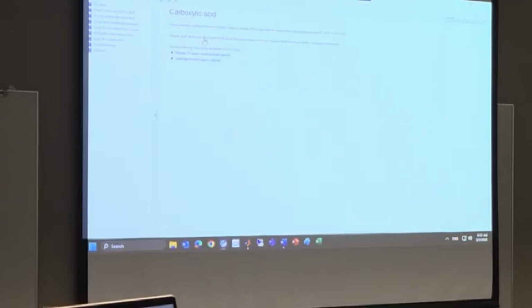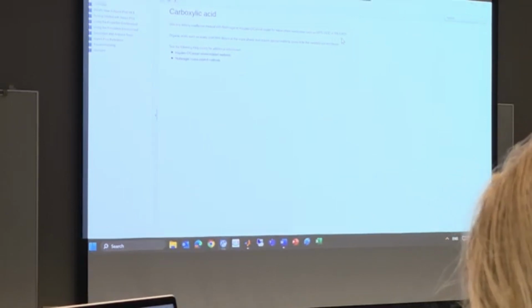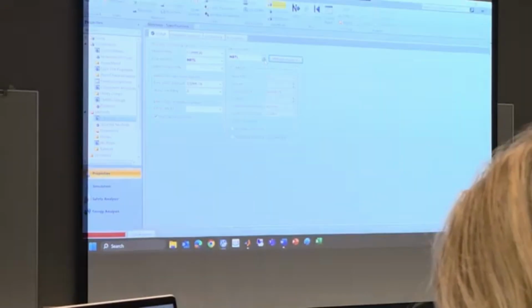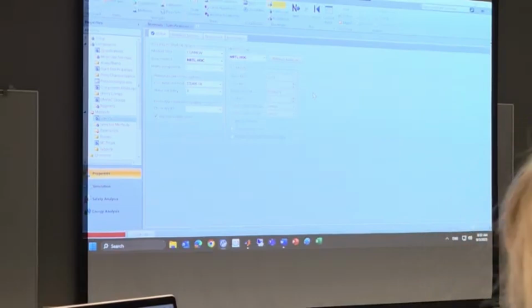If you look here, method assistant recommends the NRTL Peng-Robinson method or the Wilson method. It's very small characters, but method assistant recommends two different methods: NRTL or Wilson. So I can choose either one.